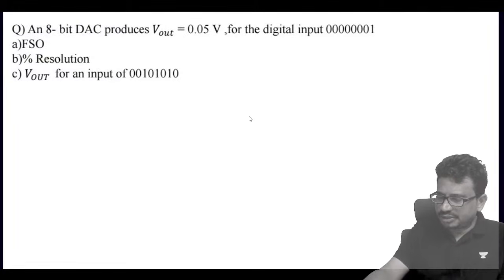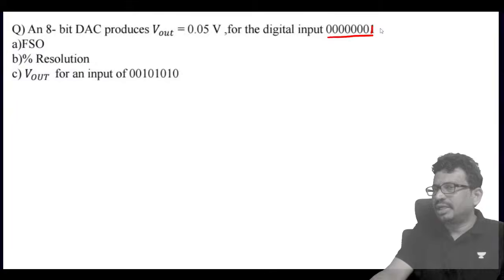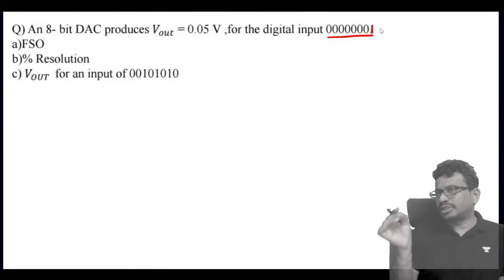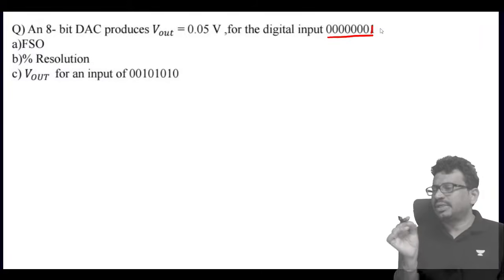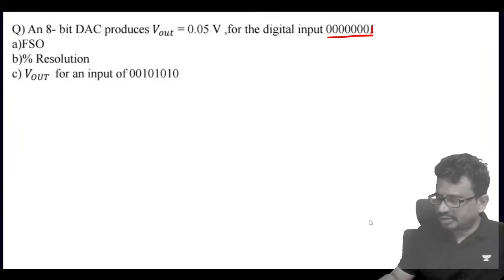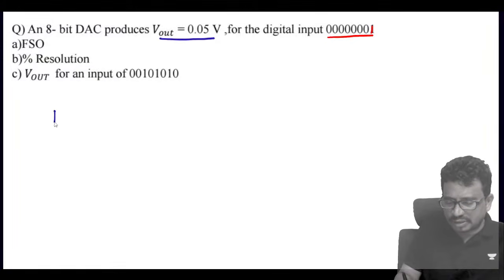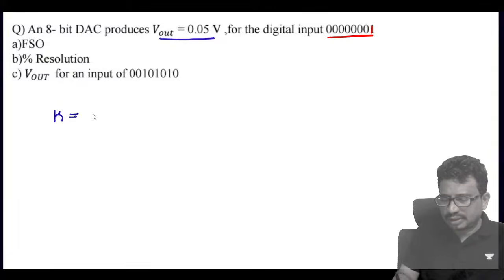For this digital input, only the LSB is 1. The output corresponding to LSB 1 is called the resolution. So that is the resolution, 0.05.